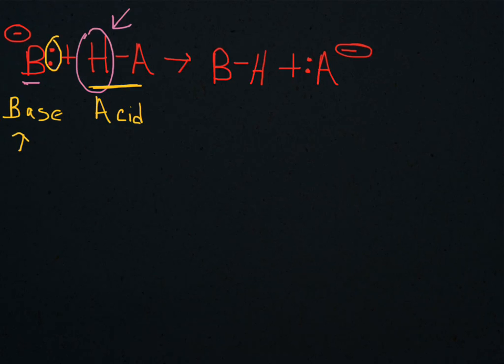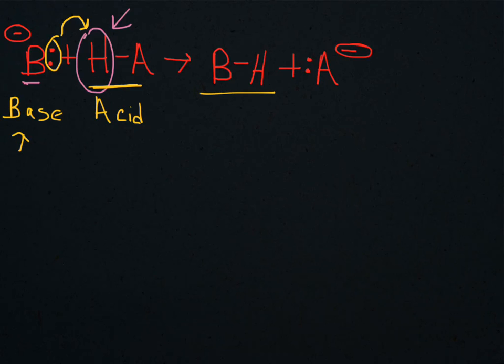Okay, so these electrons from the base will be making a bond with this proton from the acid. We know that hydrogen can only make one bond, and it's already making it with the B, as shown here in the product.